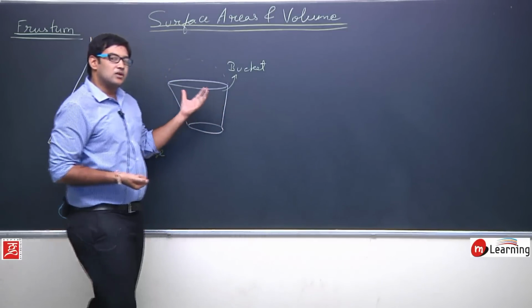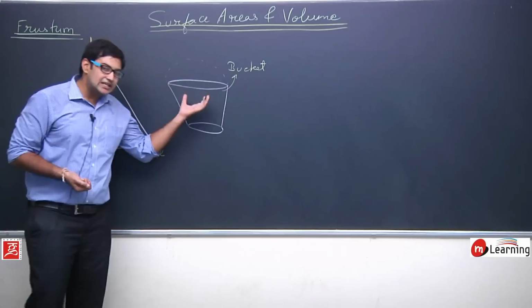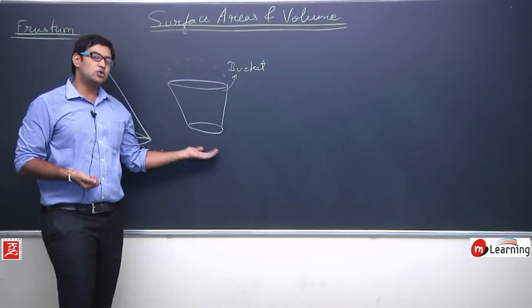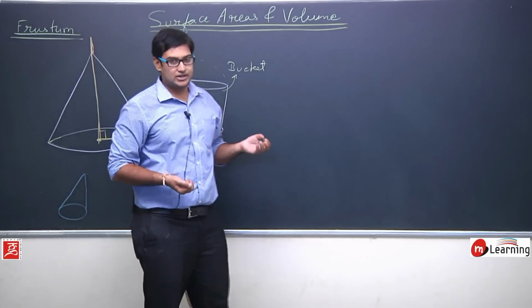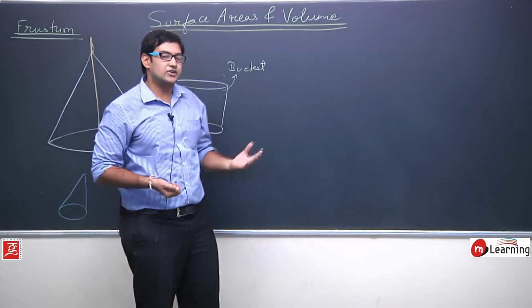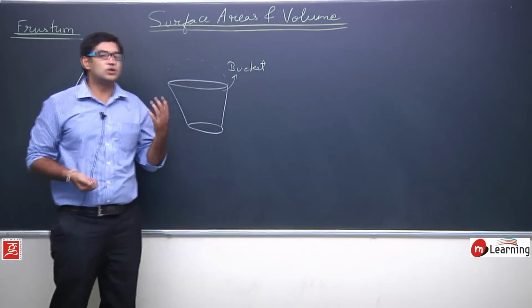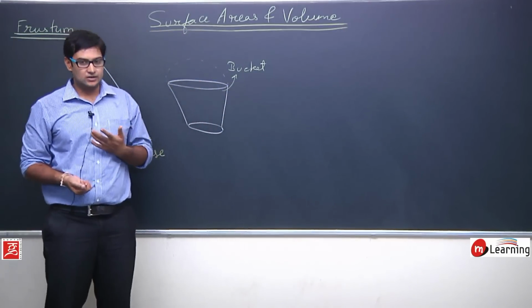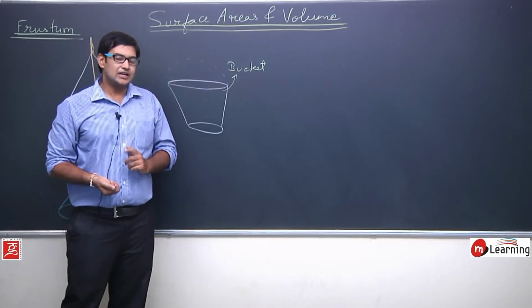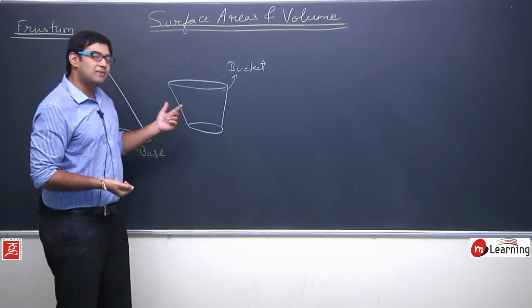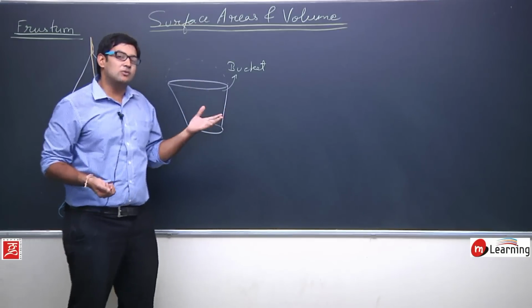Now I can see that this bucket shape does not resemble any of the standard solid figures that I have, that is circular cylinder, circular cone, cube, cuboid, sphere, hemisphere. Then how should I determine the area or the volume of the bucket?